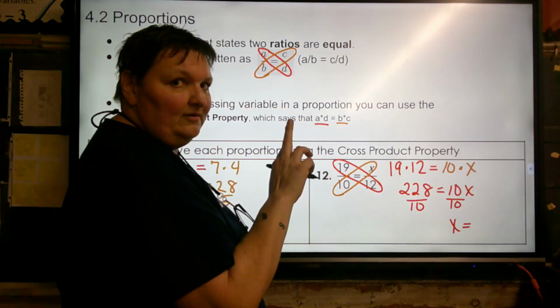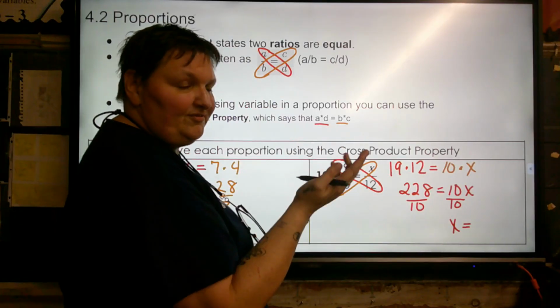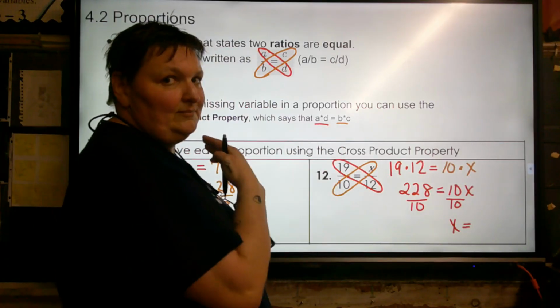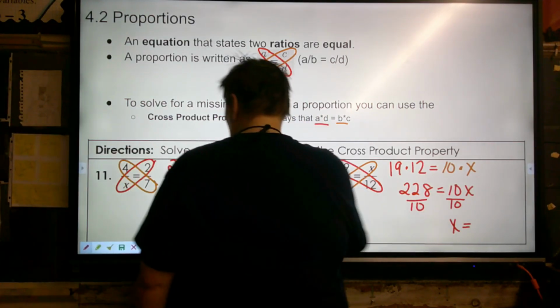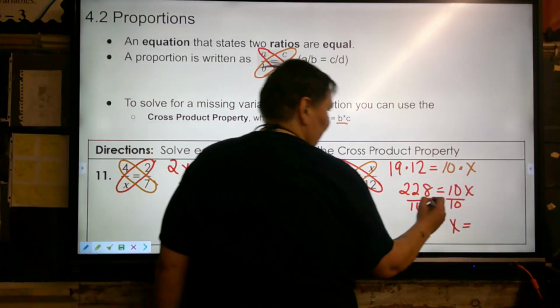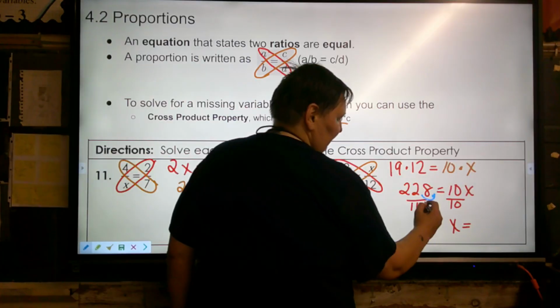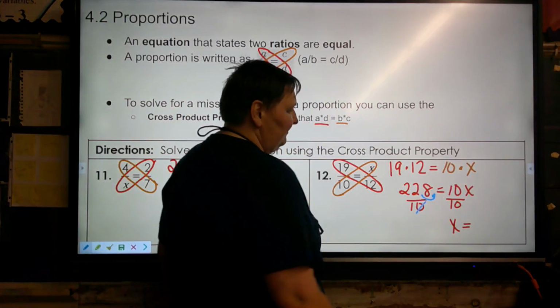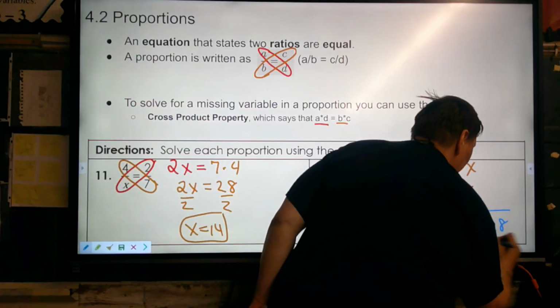Remember, the symmetric property says that I can flip them around if they're equal, because I like my variables on the left. To divide by 10, I just move the decimal one place to the left. The decimal was here, I moved it 1 to the left, and that's dividing by 10. So x is equal to 22.8.